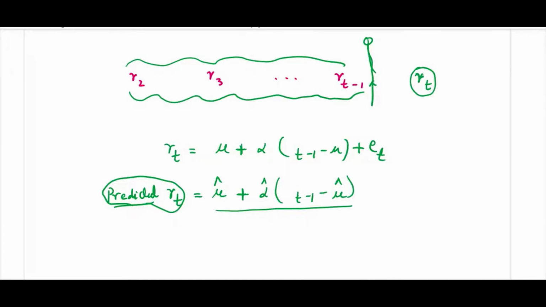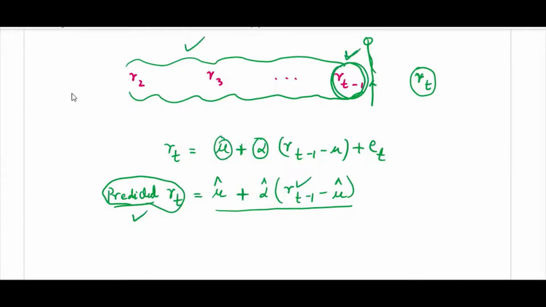The series is R, so I write R(t-1). You put the value here and then get predicted Rt. All other past values will be used to estimate the parameters. So we'll use all of these anyway, but in the model itself we use only one, AR1.